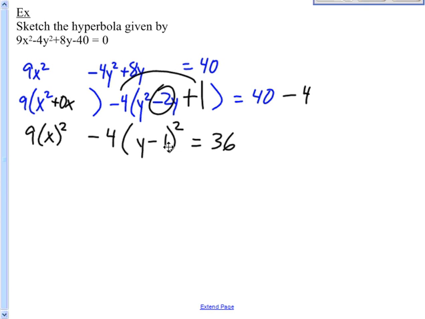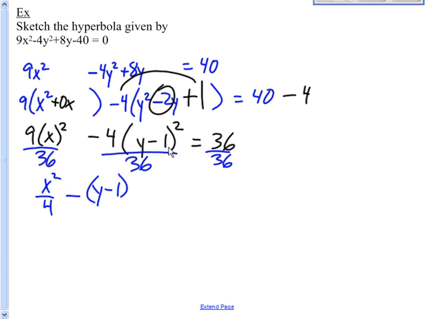Now remember, for hyperbolas, I want this thing to be equal to 1. So I got to divide by 36, each term here. And I'm going to have x squared over 4 minus (y minus 1) squared over 9 equals 1. And you notice that the x squared is first.